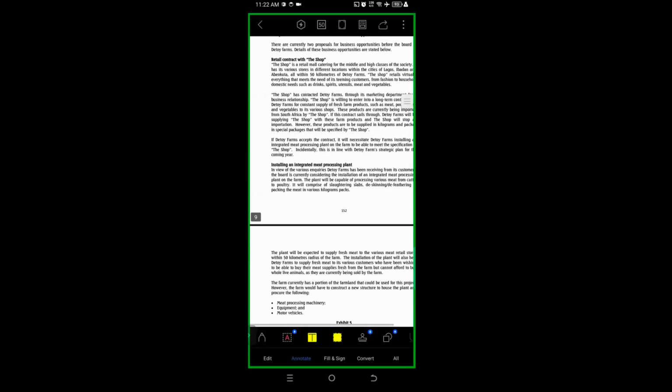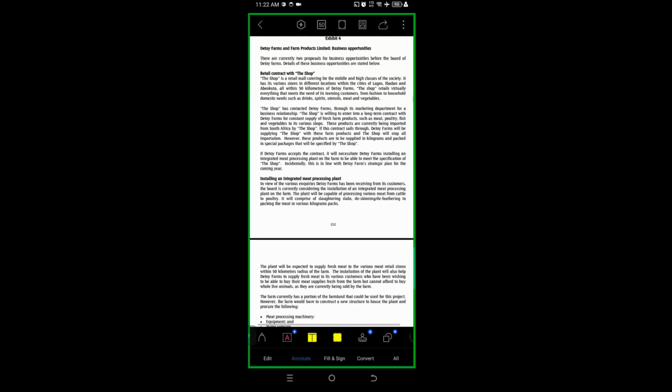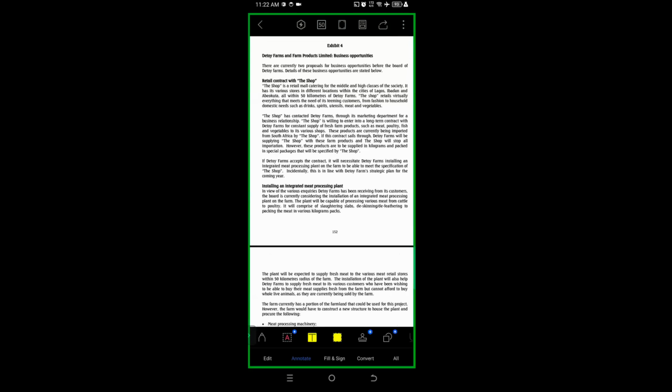Yeah, this is exhibit 4. We have retail contracts with the shop, and an integrated meat processing plant.